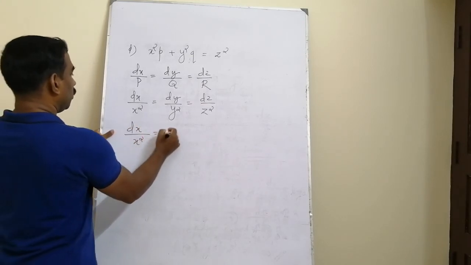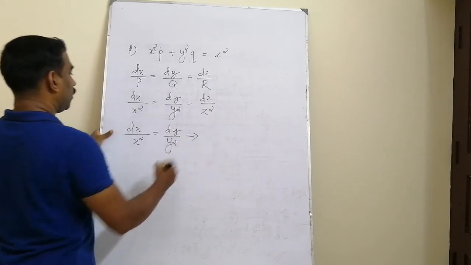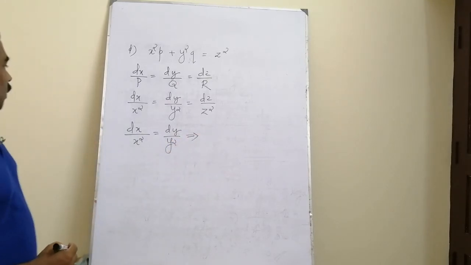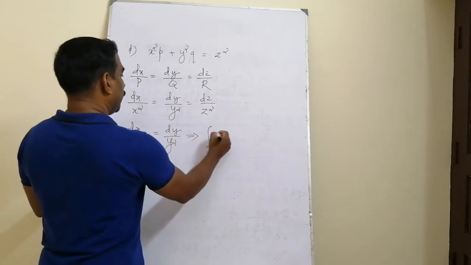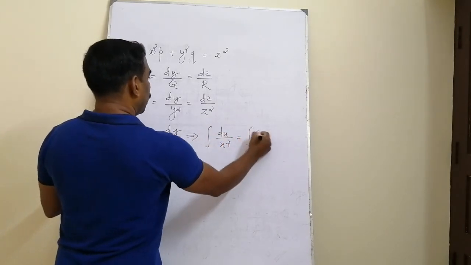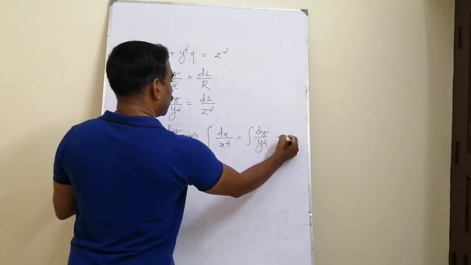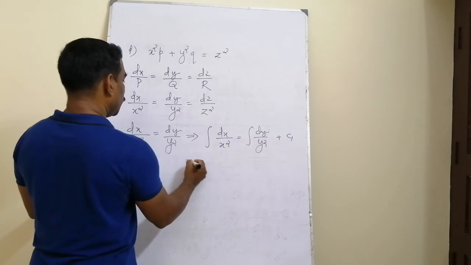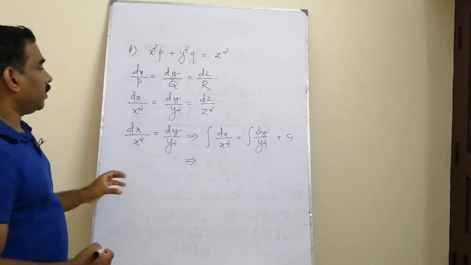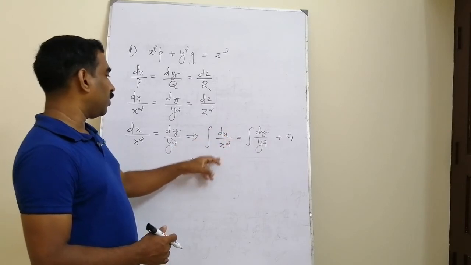dx by x square is equal to dy by y square. So on integration, integral dx by x square is equal to integral dy by y square plus some constant, say c1. What is integral dx by x square? This is x raised to minus 2 dx, which gives x raised to minus 1 by minus 1.